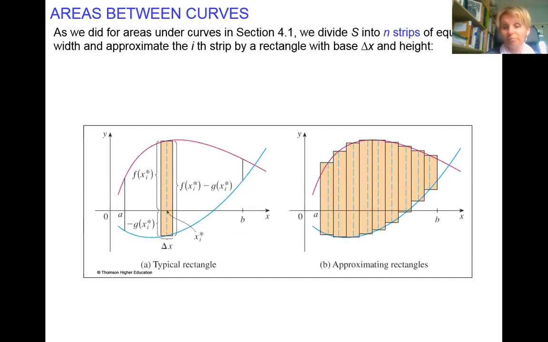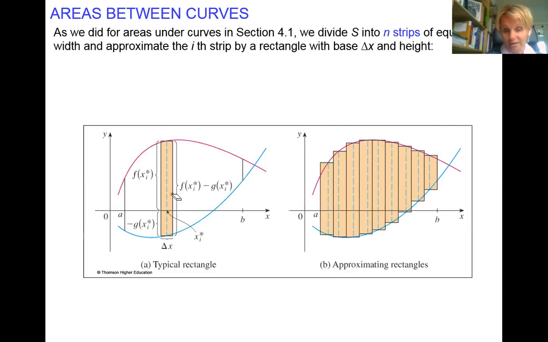That's what we did. We divided the interval from a to b into n sub-intervals with equal base, delta x. Now we're doing exactly the same thing. In order to get the area of one rectangle, we have to find the base of the rectangle, which of course is delta x, and the height.